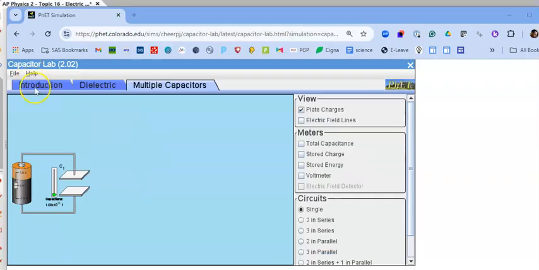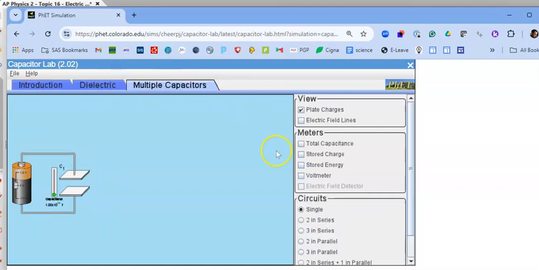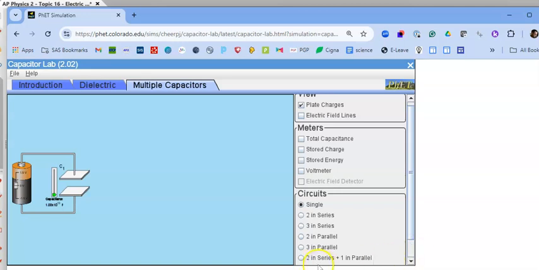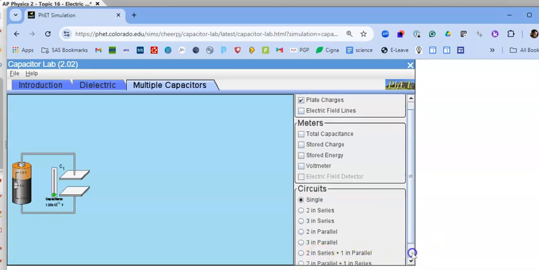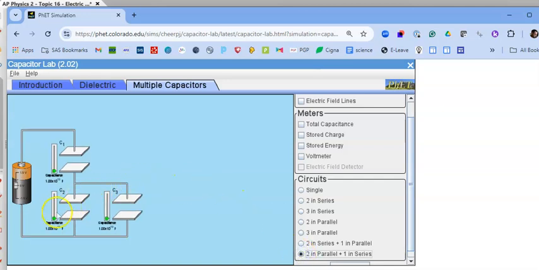Yeah, there's the PhET capacitor lab, and I'm just going to go down to multiple capacitors and then select down here 2 in parallel and combo with 1 in series, and there you have it. And then you can muck around with here and put in one capacitor and another capacitance, change the capacitance around like this, and then give it some voltage, right?